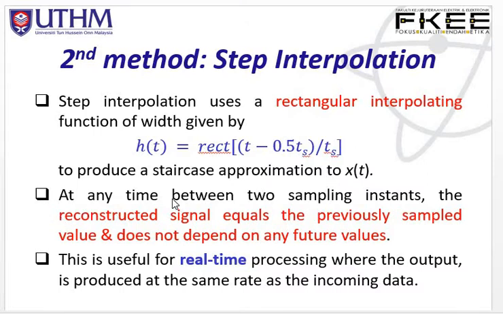At any time between two sampling instants, the reconstructed signal equals the previously sampled value and does not depend on any future values. So this is used for real-time processing, where the output is produced at the same rate as the incoming data.